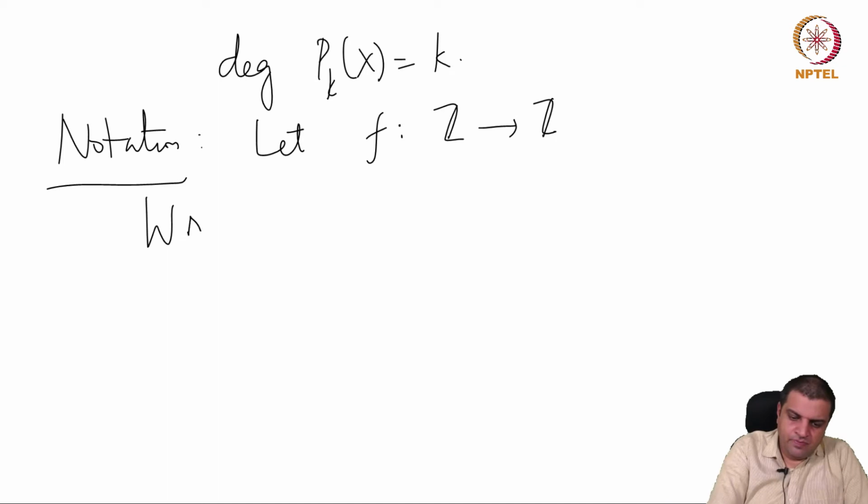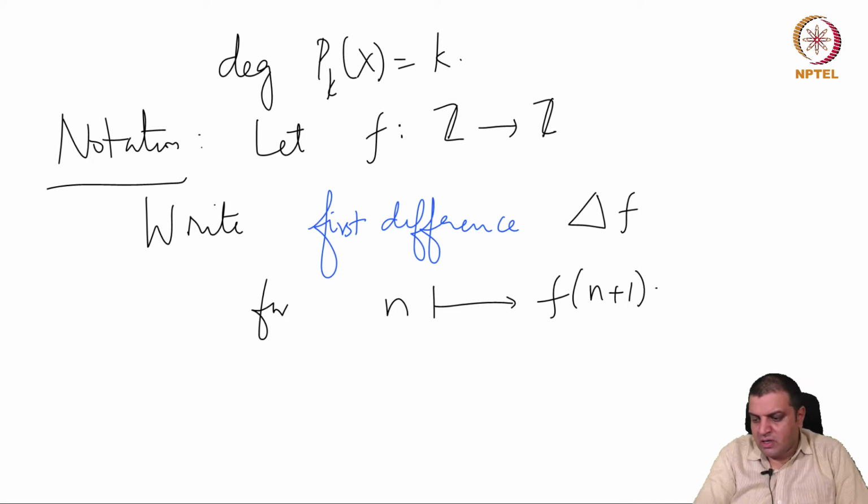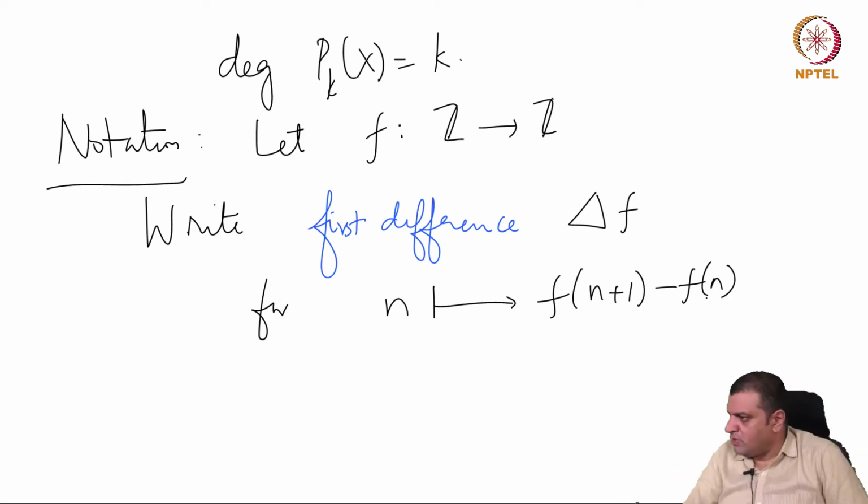Write the first difference, Delta f, to be the function which takes n to f of n plus 1 minus f of n.